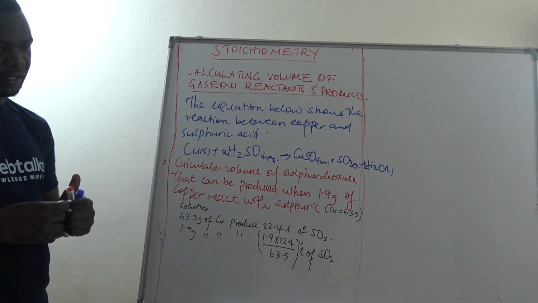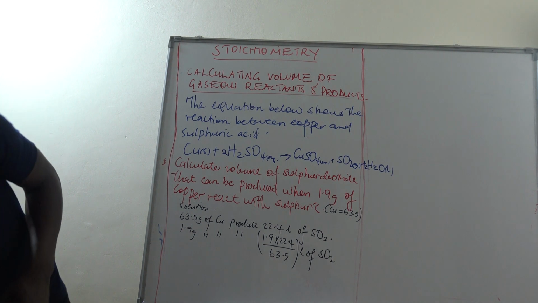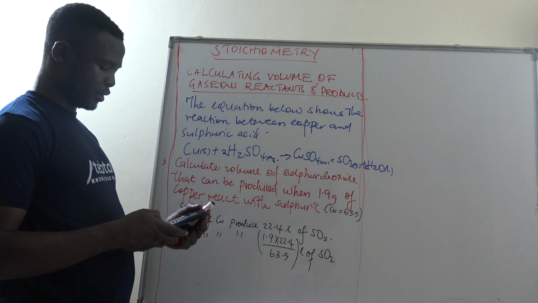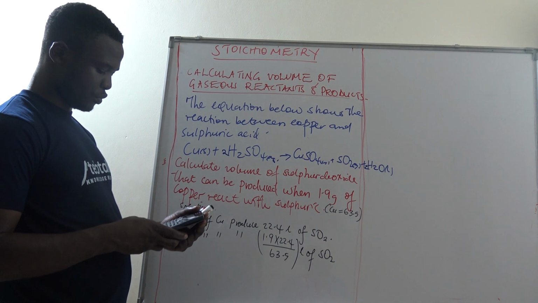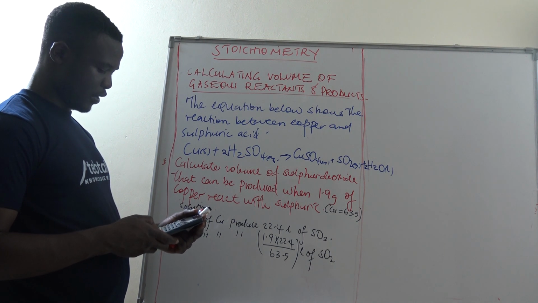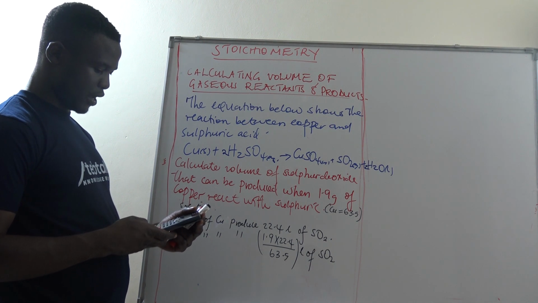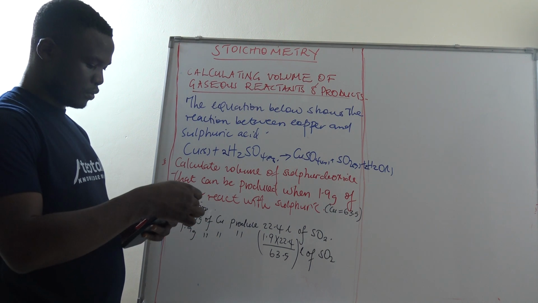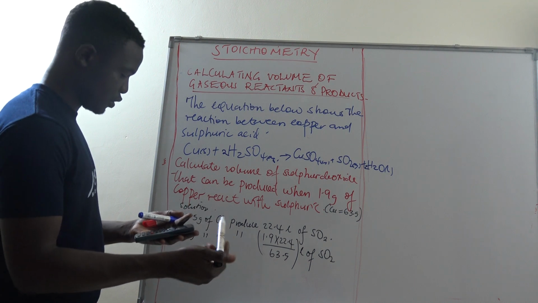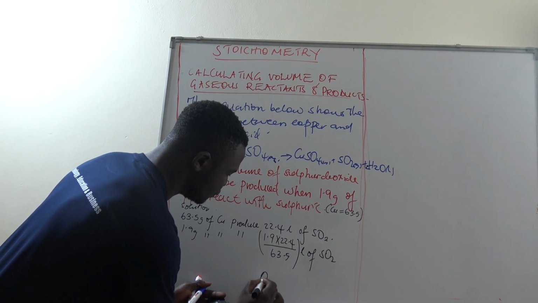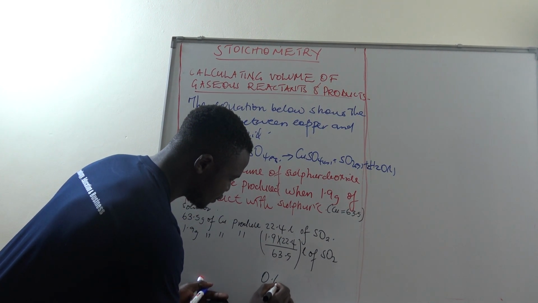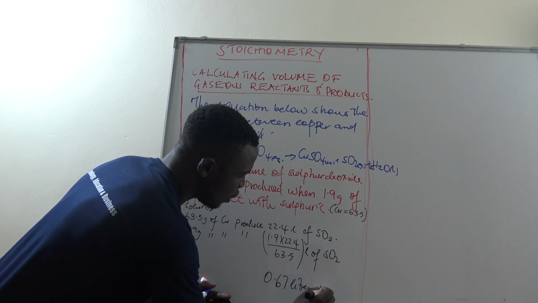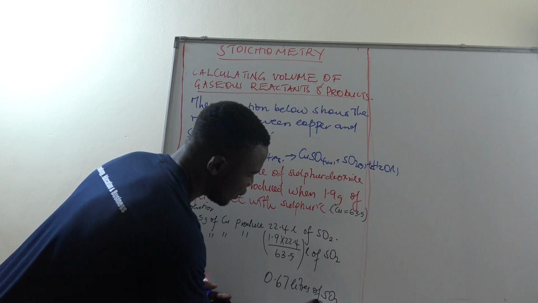Let me get a calculator and we compute. This is 1.9 times 22.4 divided by 63.5. This gives us 0.67 liters of sulfur dioxide.